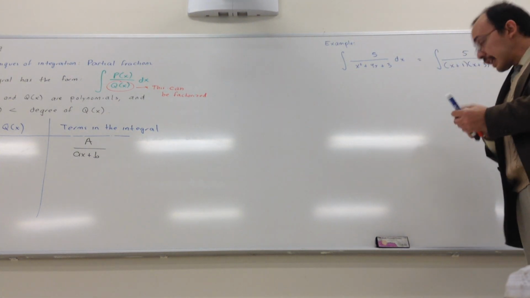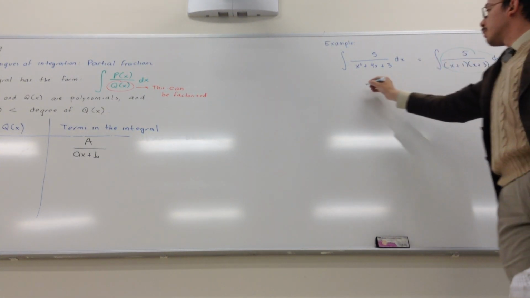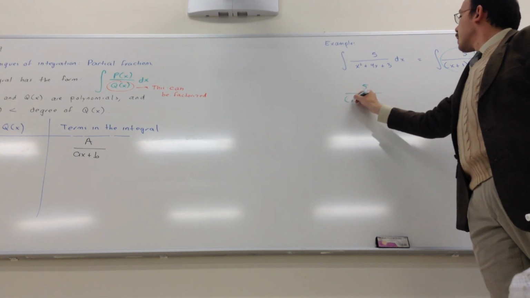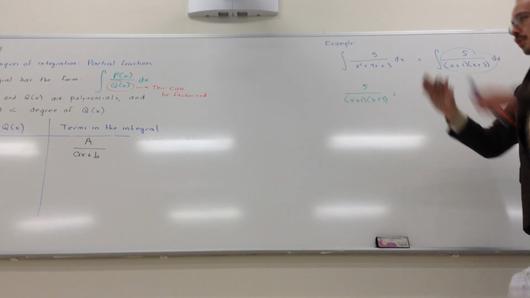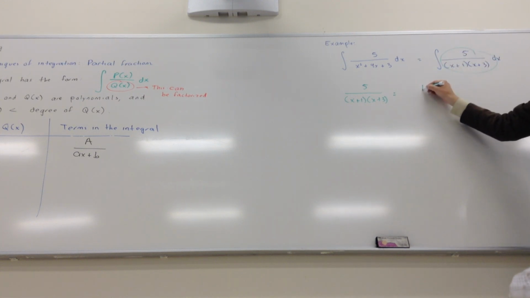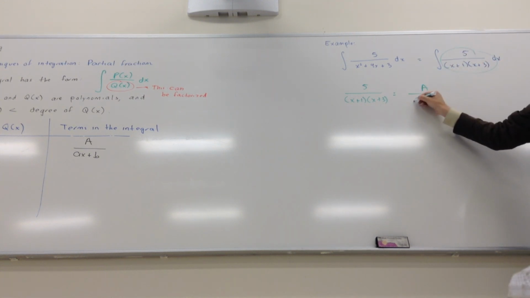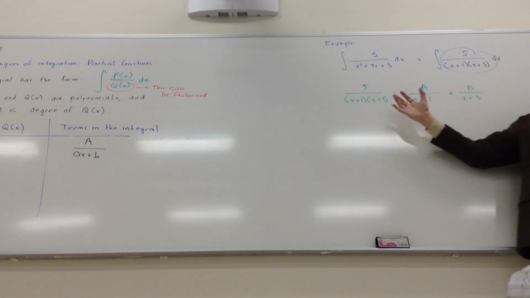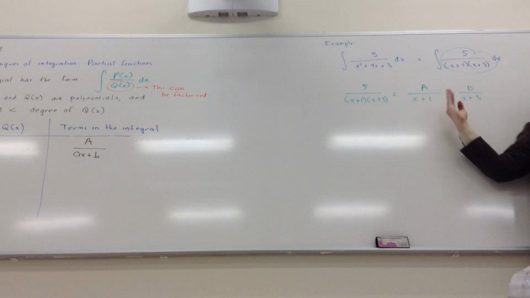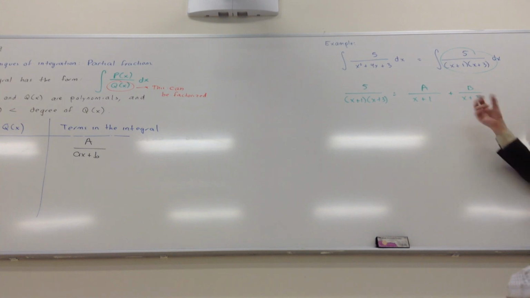So I want to separate 5 over x plus 1 times x plus 3 equal to A over x plus 1 plus B over x plus 3. The whole idea is to separate this single fraction into components, so at the end these small components can be integrated easier or faster.